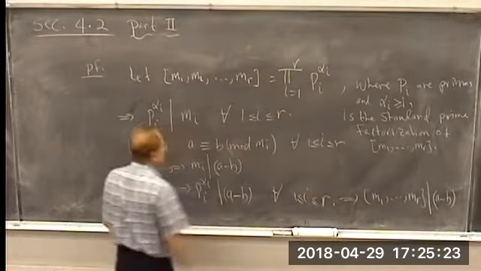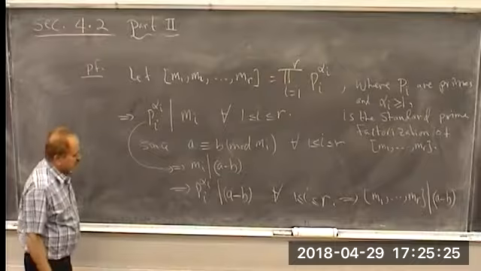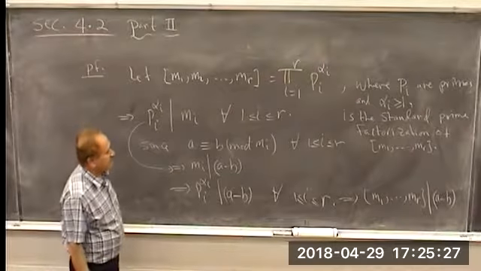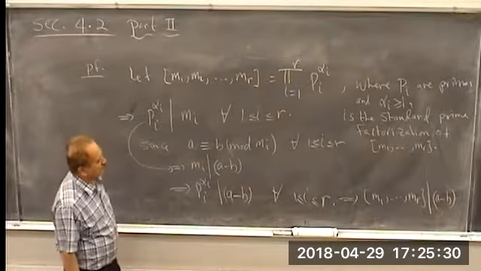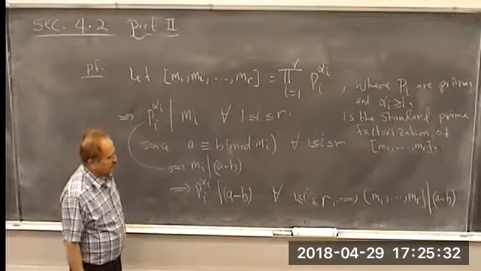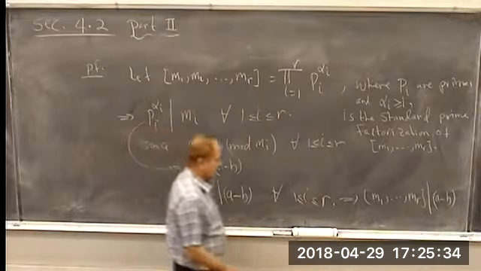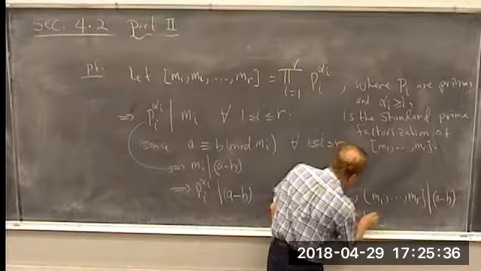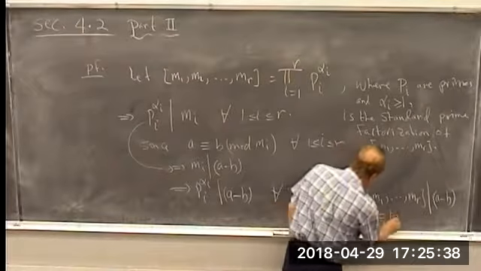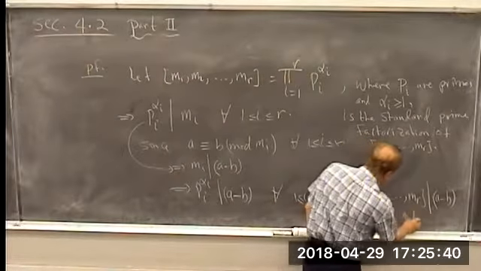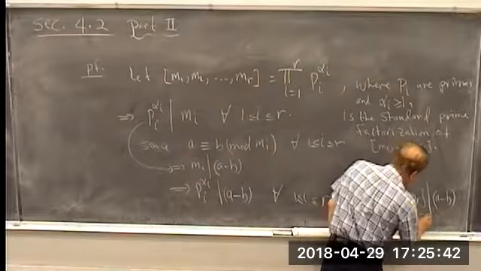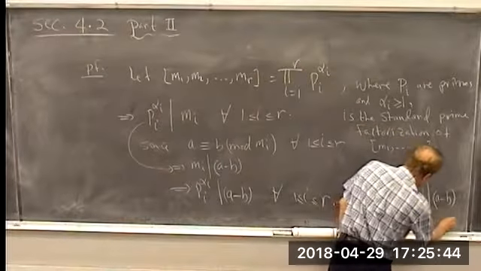Because each of the prime factors actually divides that, and then the product of these prime factors must divide A minus B. And this concludes the proof. So this means A is congruent to B mod the least common multiple of M1 up to Ml.